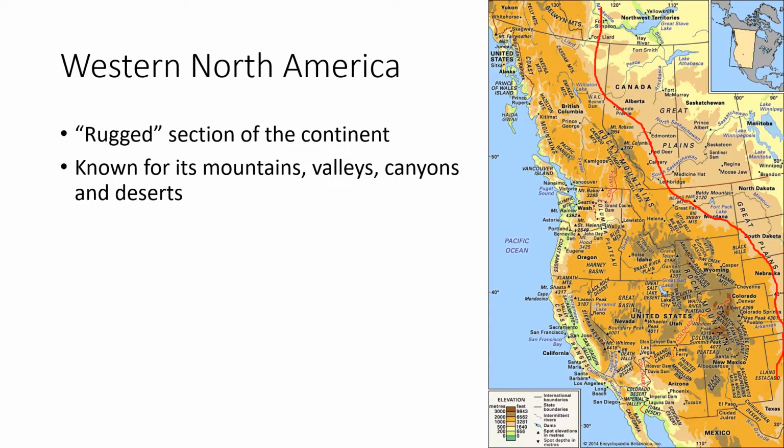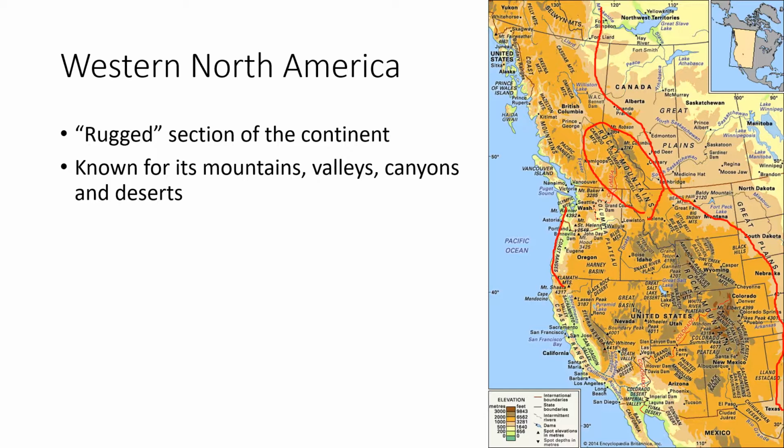Those Rocky Mountains and the areas on both sides of the Rockies we consider sort of the western U.S. or western North America. There are some notable mountain ranges like the Rocky Mountains, the largest mountains on this continent, while we also have some coastal mountains like the Cascades, which run down the west coast in the northwest.